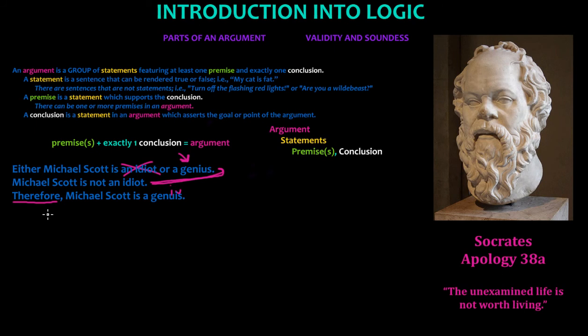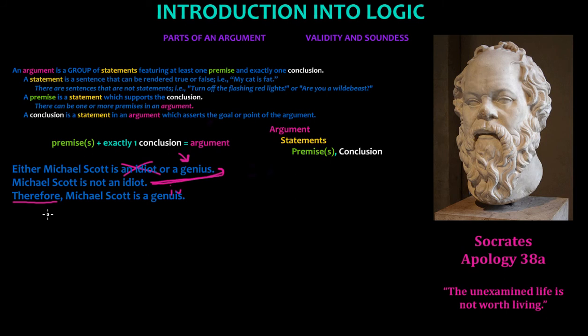There are often words that typically help indicate whether or not a statement is a conclusion. Therefore is one of them. So that could be another phrase. The list goes on and on. But however, there often are helpful indicator words helping to determine whether or not a statement is a conclusion.